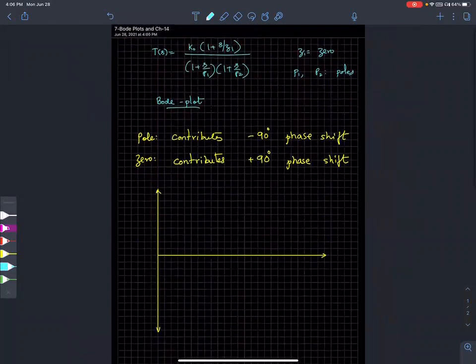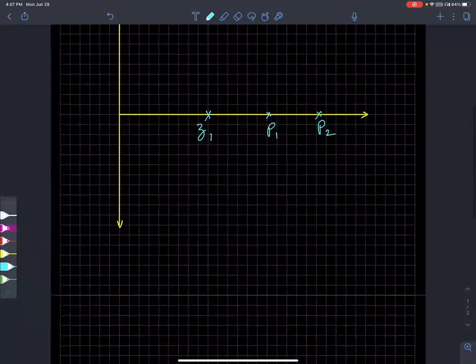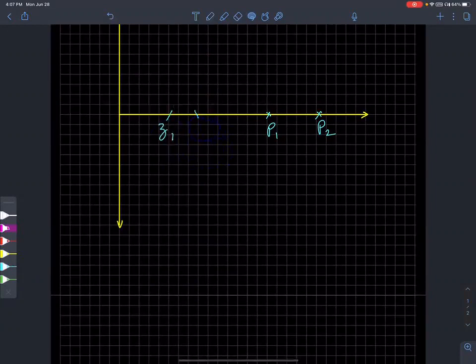Let's say there is a Z1 over here, a P1 over here, and a P2 over there. There's a zero, and there's pole 1 and pole 2. Let's separate them a bit for our initial discussion.